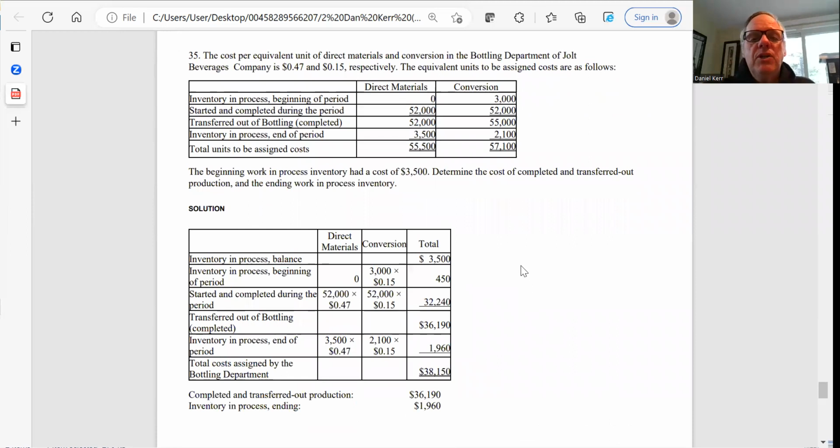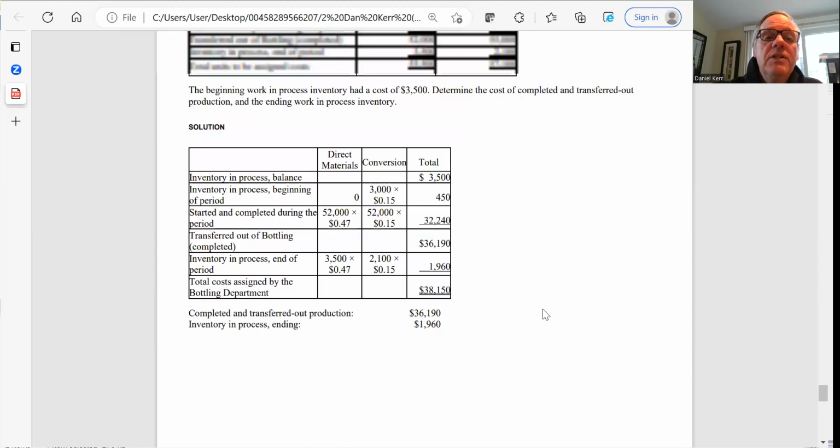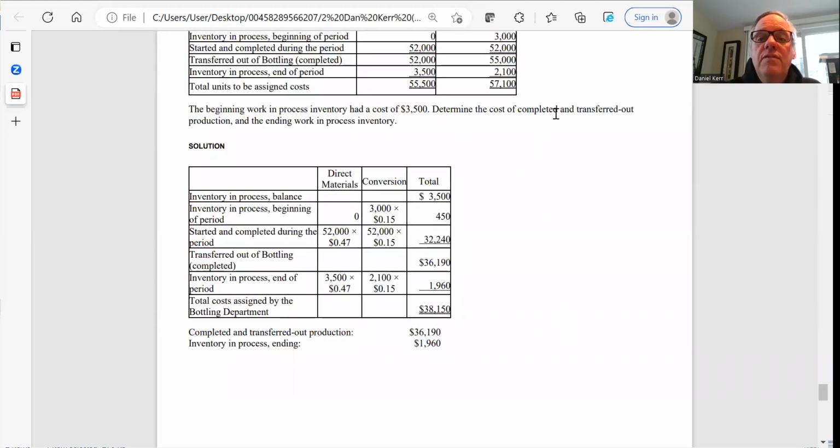And this next one here, we try to make it simple for you. We actually gave you the number of the equivalent units. So there's your equivalent units number. And they also gave us the equivalent cost of materials, 0.47 of materials, and conversion costs are 0.15. What they want us to do is determine the cost of completed and transferred out production and the ending work in process inventory.